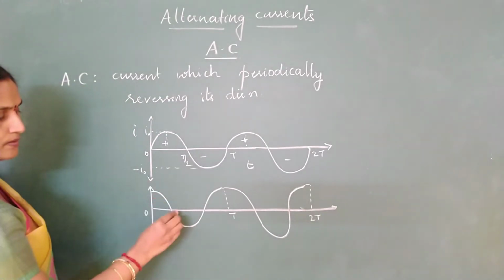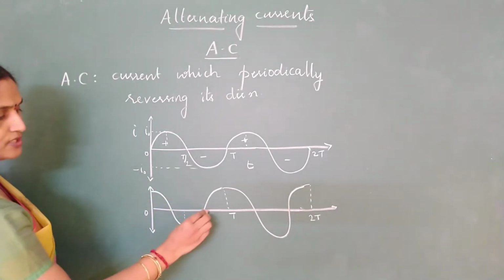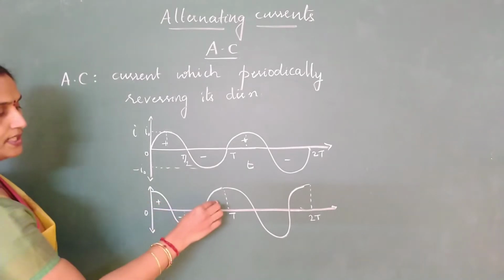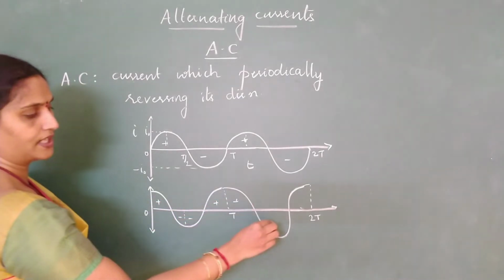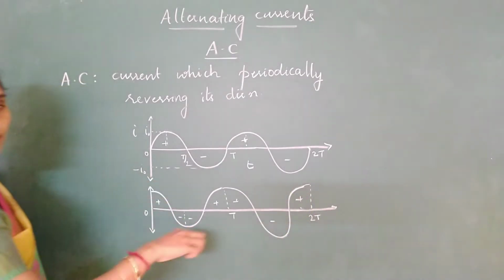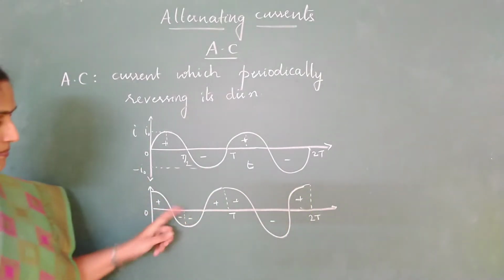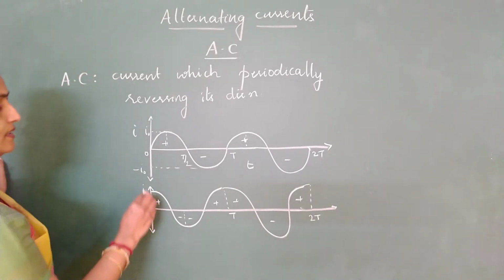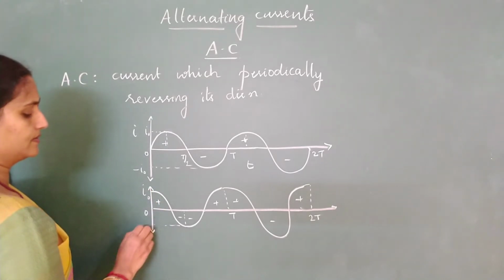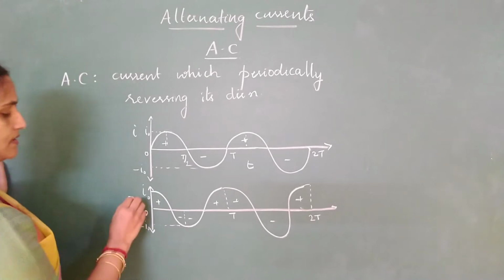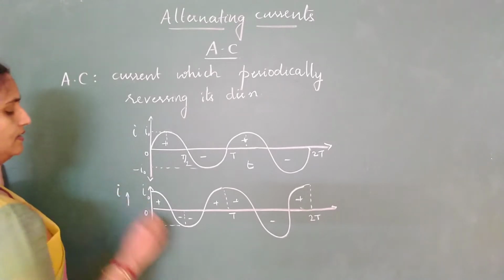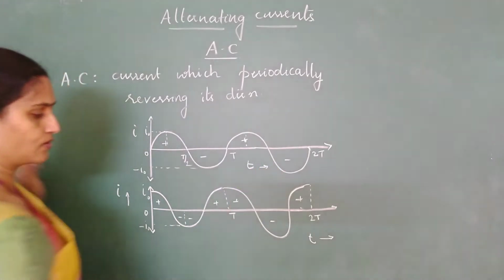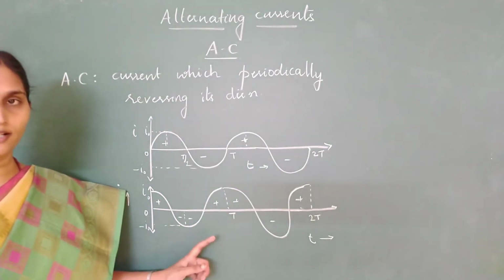So this also, at regular intervals of time, is reversing its direction: positive, negative, positive and negative. But again the amplitude is plus I0 to minus I0, with I on the y-axis and time on the x-axis. So this also represents an alternating current.